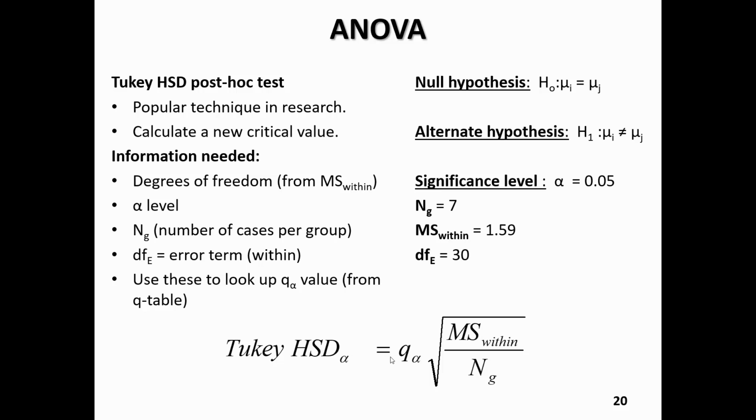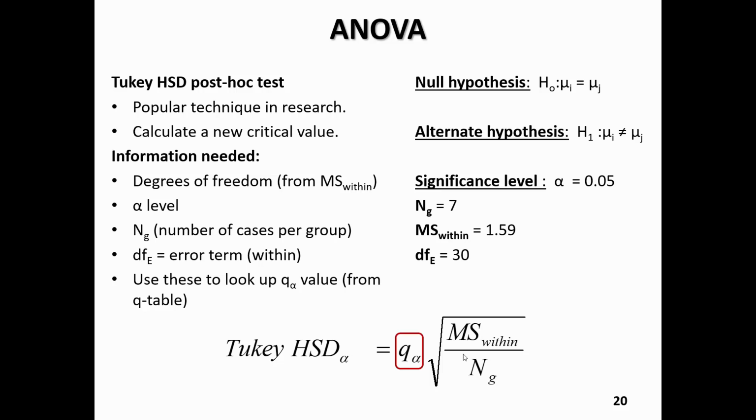And this becomes our new test statistic, the Tukey HSD value, which is equal to the Q value at a given alpha level, and our alpha level is 0.05, and this is what we get from the Q table. And we multiply that by the square root of the ratio of the mean square within term, which was 1.59, divided by the number of cases per group, and in this case we had 7.